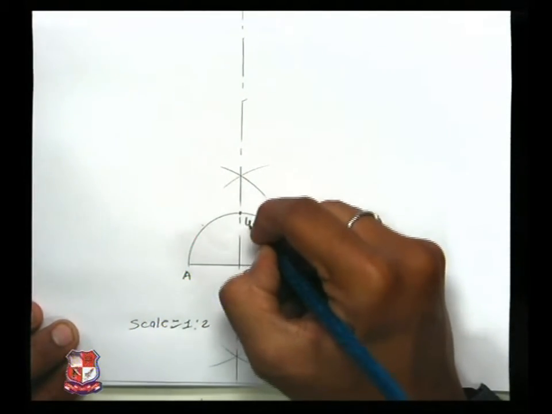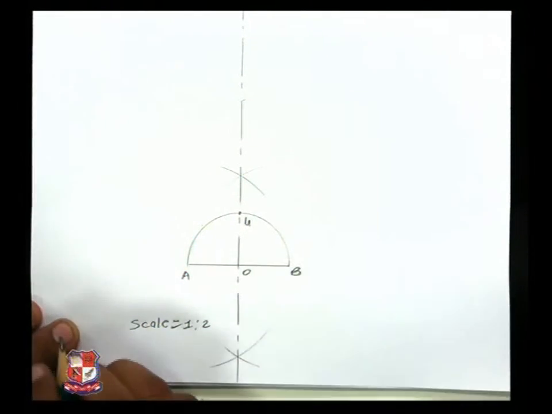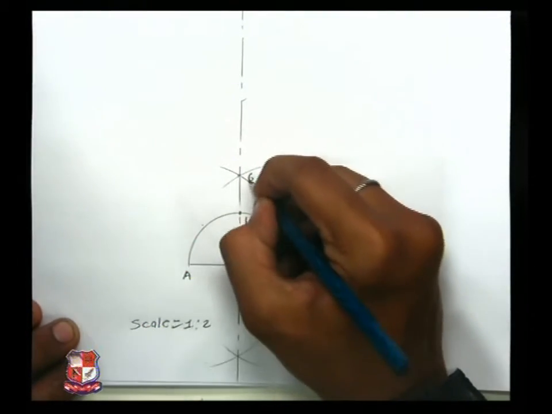Let's name this point as point number 4. This is point number 6.